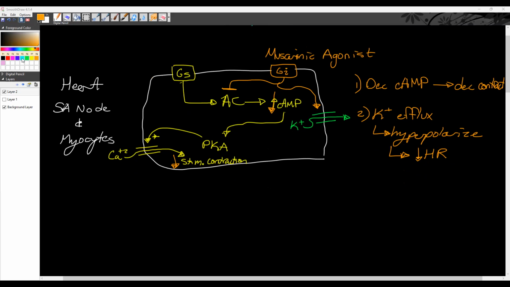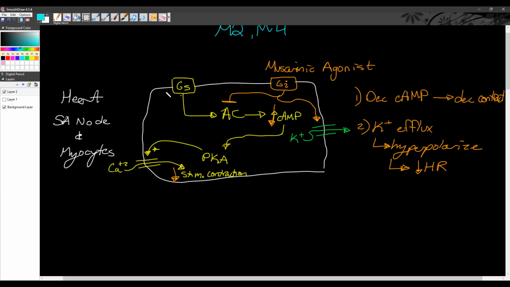So, by the way, what receptor is the GS? Can anyone tell me? Beta 1? It is beta 1. And we'll talk about beta later on, probably tomorrow. But these are the beta receptors.